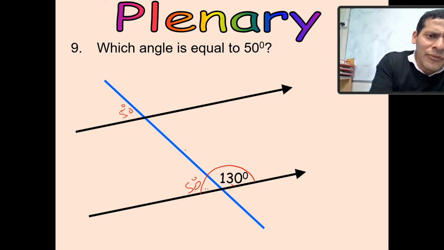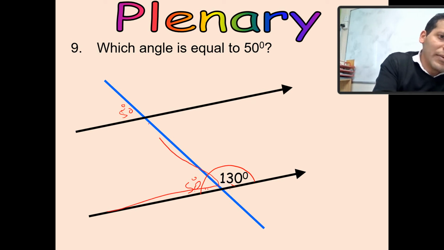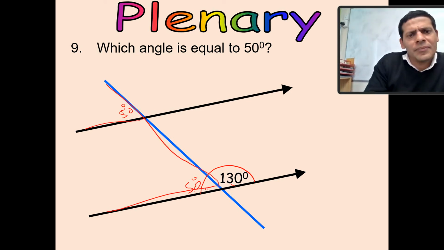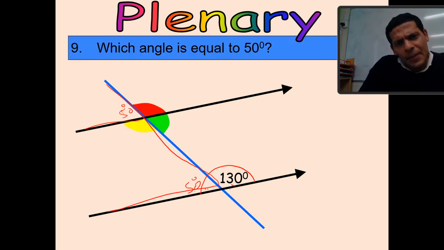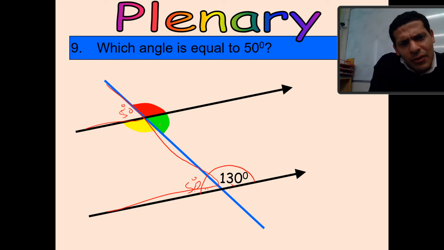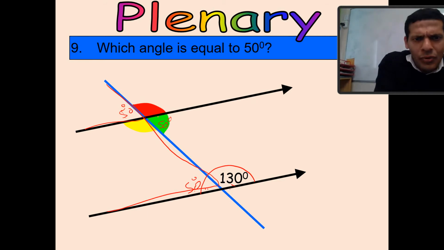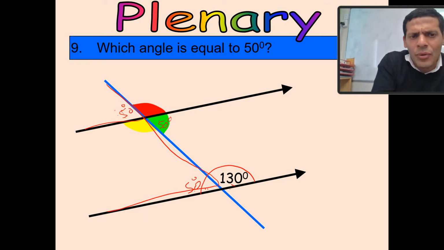Because they are making an F letter, as you see here, guys, F letter here, right? And 50 equals 50 here as well, because they are corresponding, vertically opposite angles.